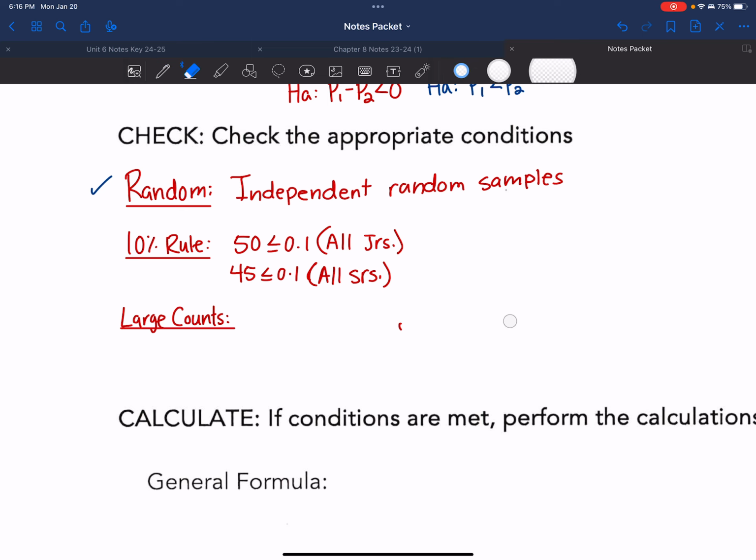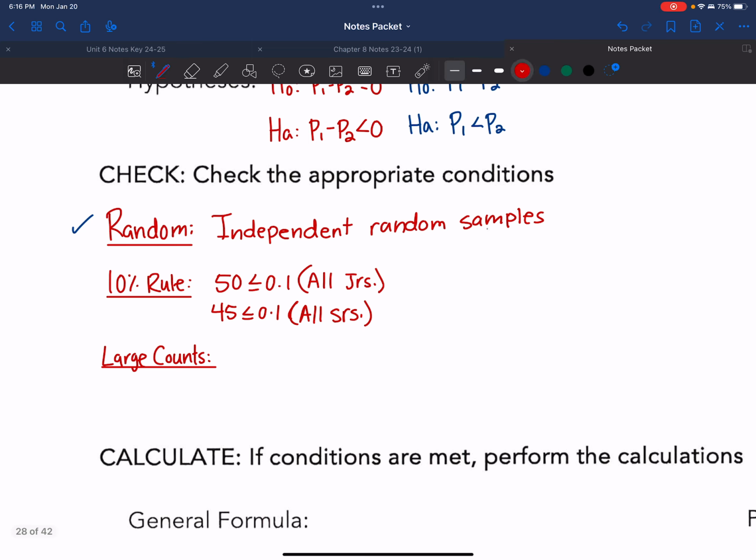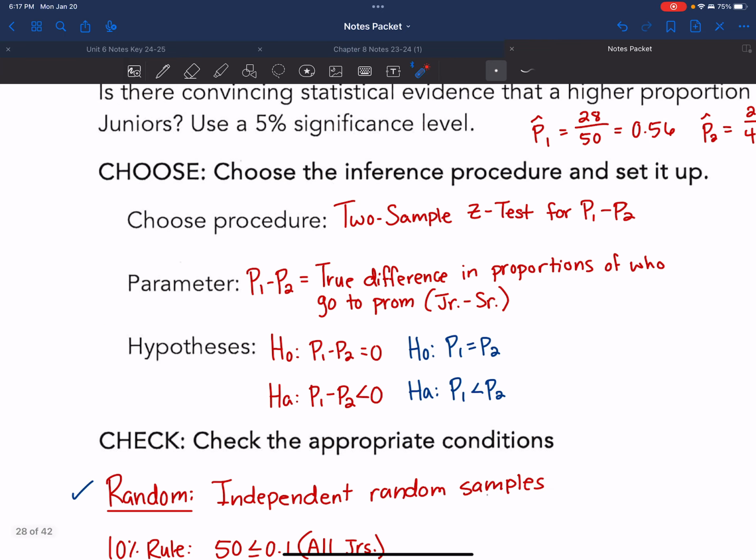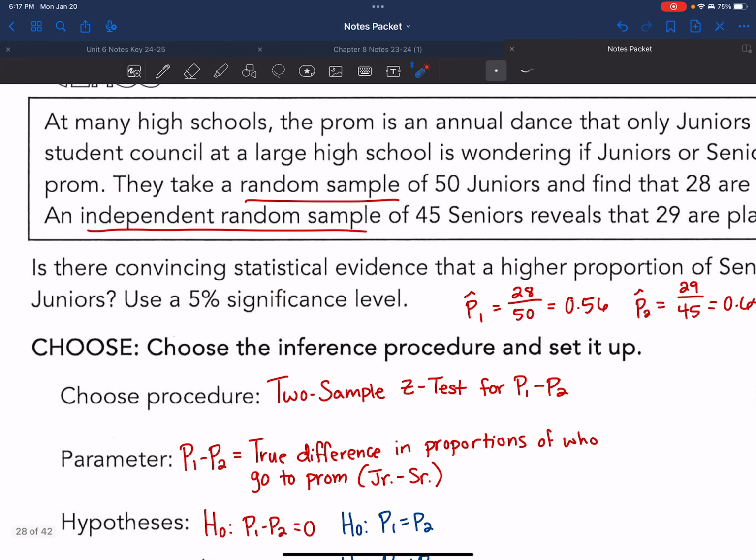Well, if we're assuming, going all the way back to our null hypothesis, that there is no difference between juniors and seniors, then theoretically it doesn't matter if we pulled 50 juniors and 45 seniors, or 45 juniors and 50 seniors.